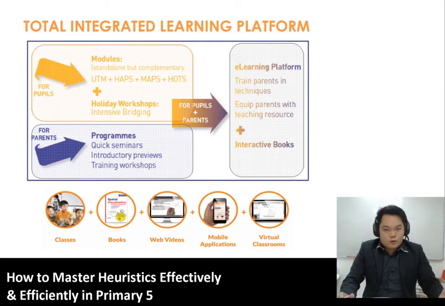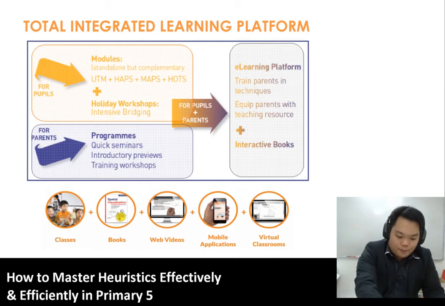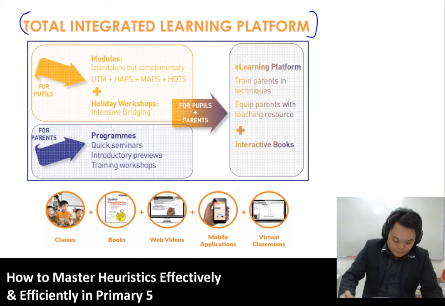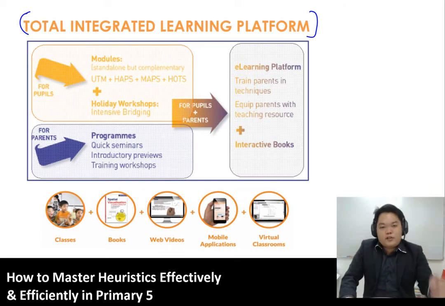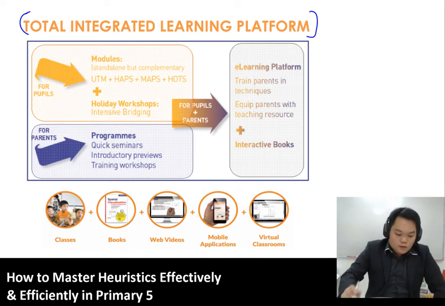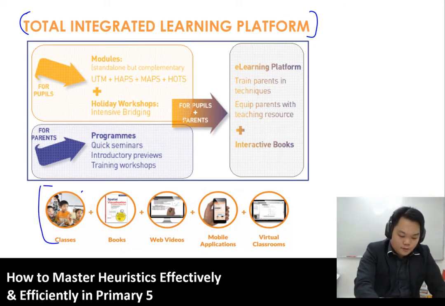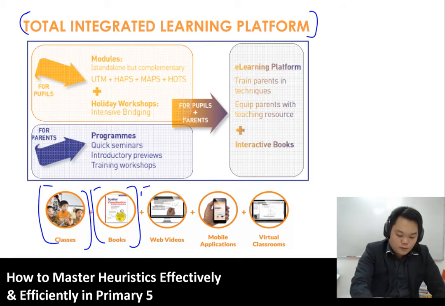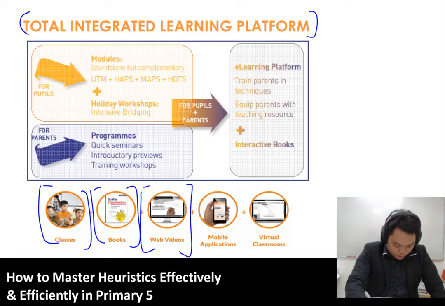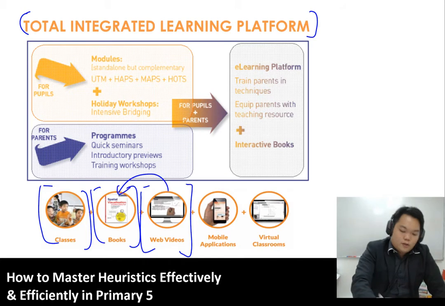Here we have a total integrated learning platform. This is Singapore's first total integrated learning platform. I dare to say this because I don't see anyone else with it. It consists of classes, books, and web videos, which reinforce the book's concepts.